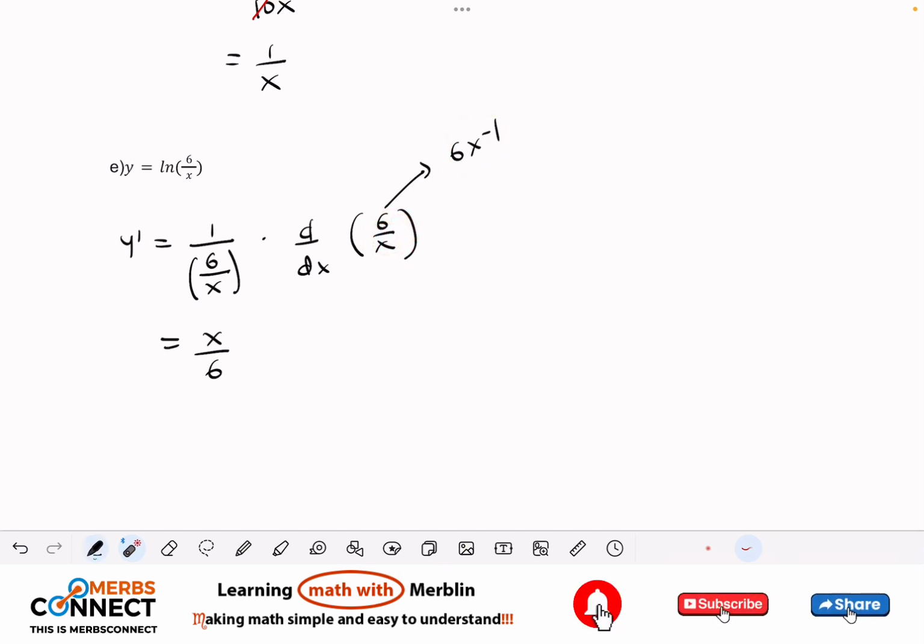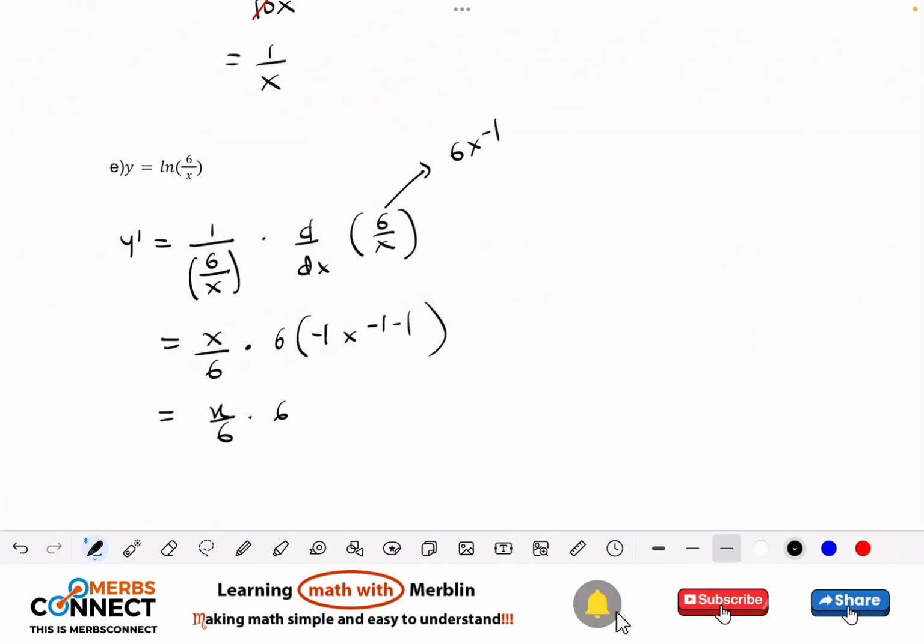Using the power rule, since 6 is a constant multiplying the function, we factor it out. Then we use the power rule to differentiate x to the power minus 1. So minus 1 drops down, then x to the power minus 1 minus 1, we need to subtract 1. We are going to have x times 6 times minus x to the power minus 2.